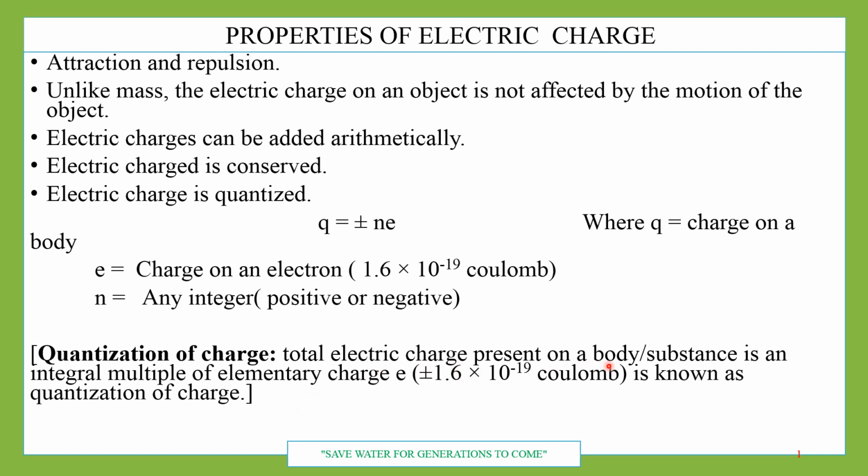Again I am repeating, the electric charge present on a body is an integral multiple of the elementary charge E. The value of E is 1.6 into 10 raised to minus 19 coulomb. So the charge present on a body will always be a multiple of this charge: plus for proton, minus for electron.